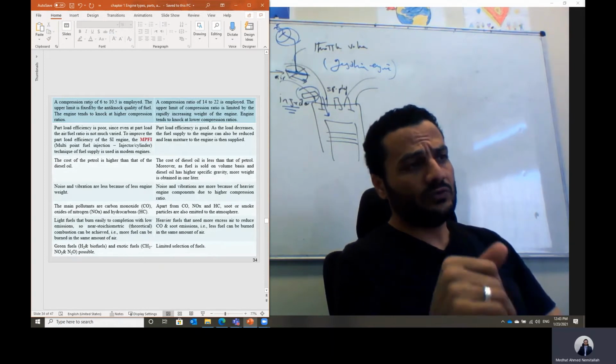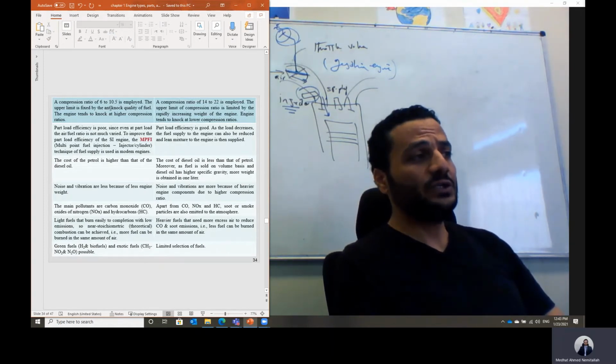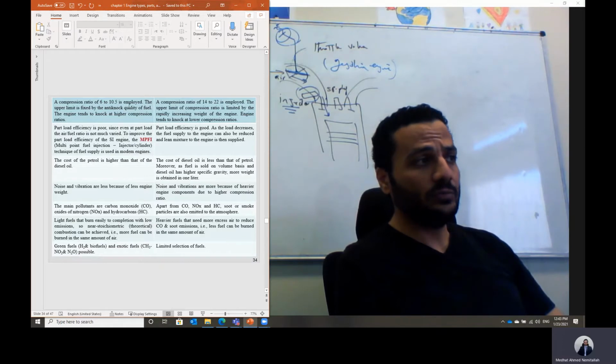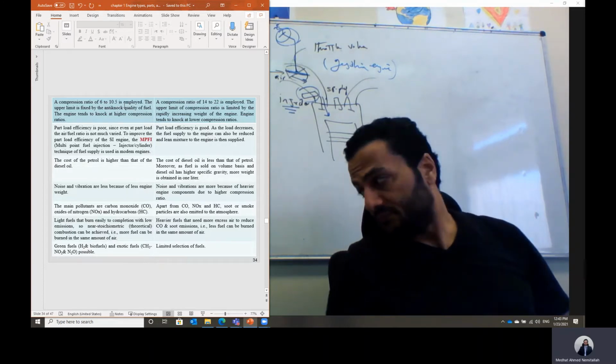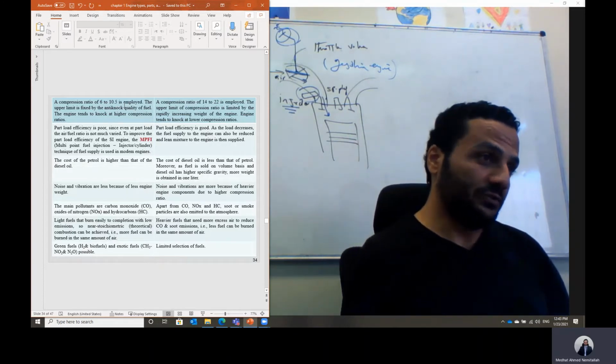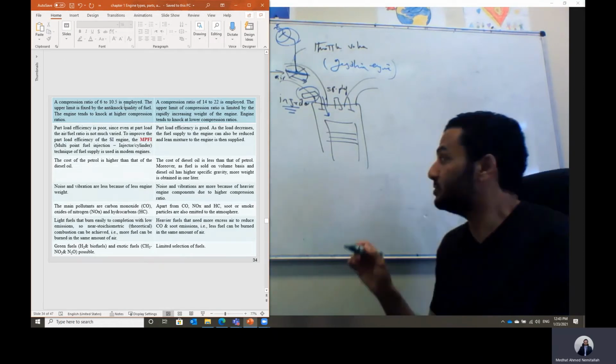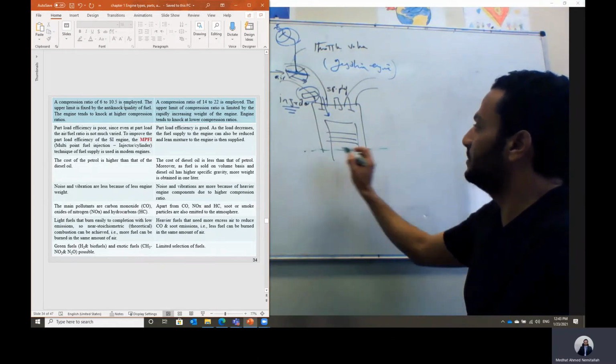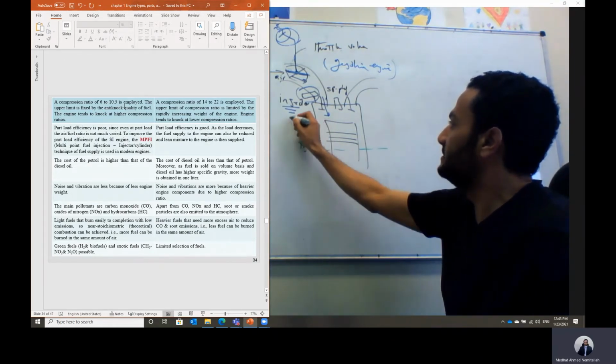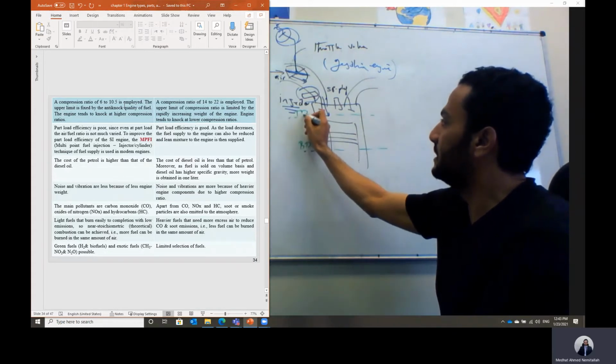The compression ratio is one of the most important parameters. In a gasoline engine it cannot be raised more than 10.5, because raising the compression ratio will result in self-ignition of the fuel. This is the bottom dead center, and this is the top dead center, the highest point.